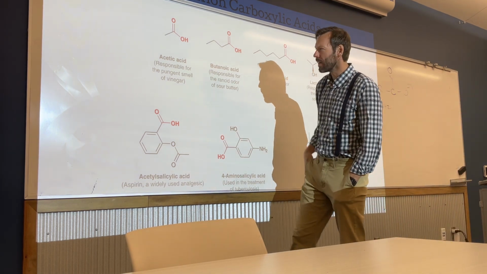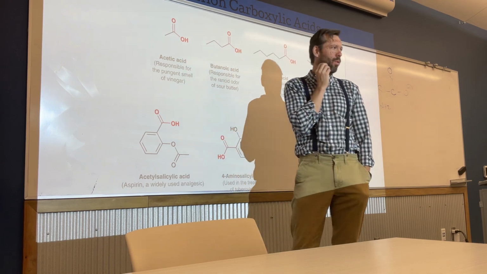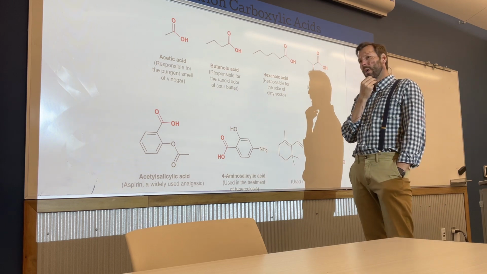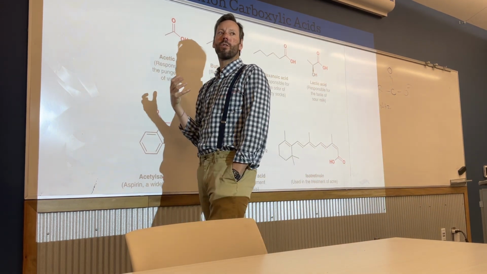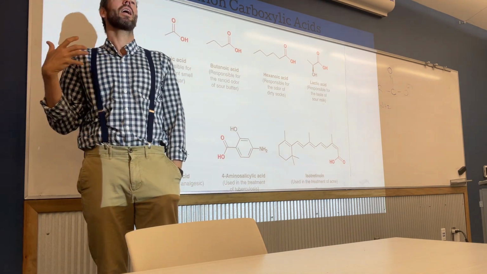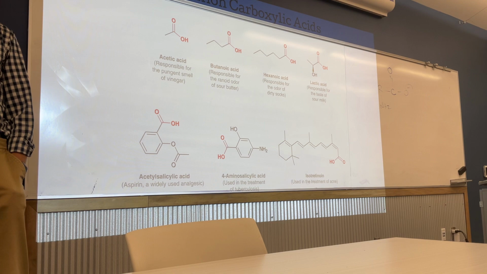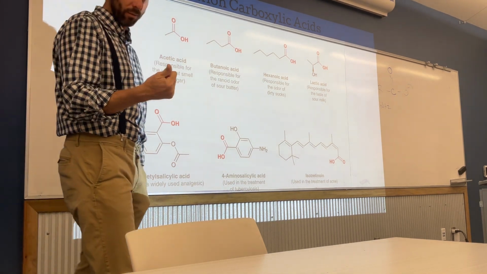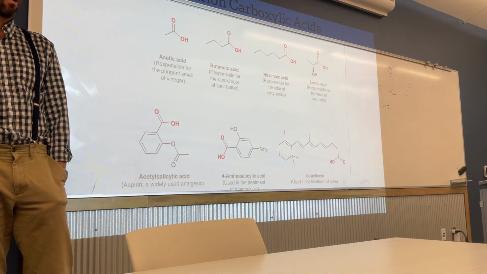Acetic acid, right? That's essentially vinegar. That's a byproduct of fermentation for certain microbes. So yeast is going to predominantly break down sugar into carbon dioxide and ethanol, but certain bacterial species will break it down into carbon dioxide and acetic acid.